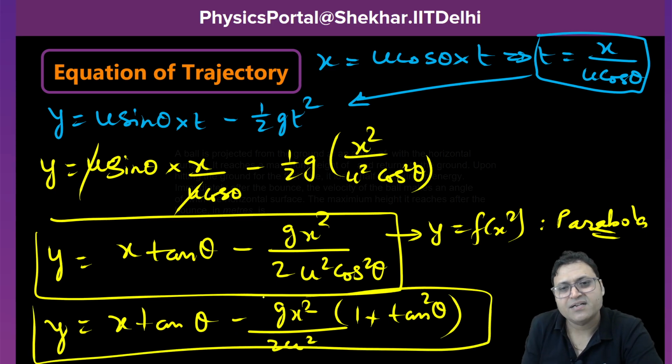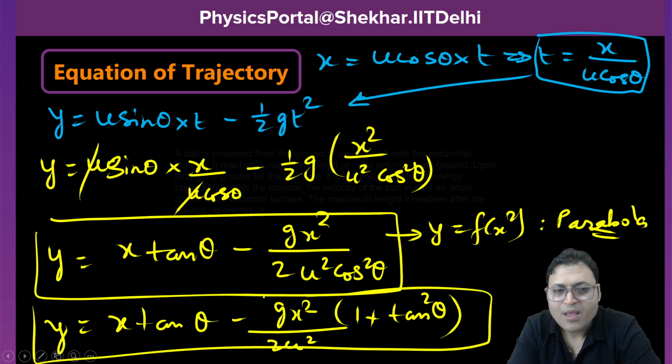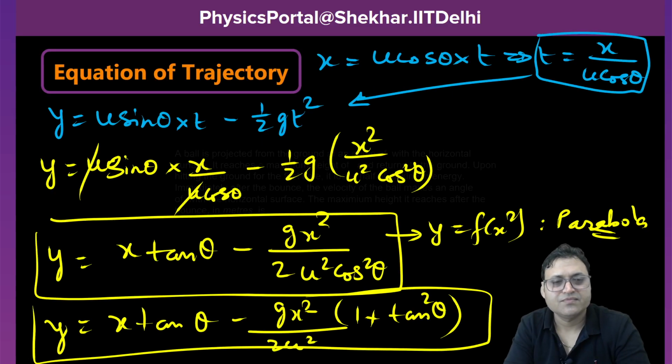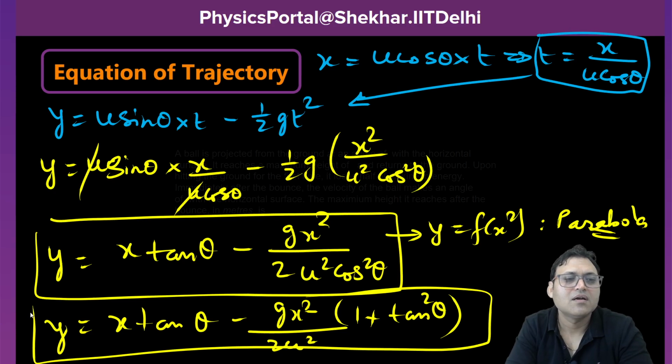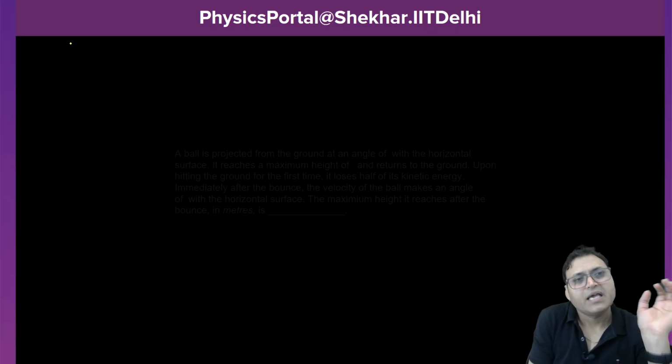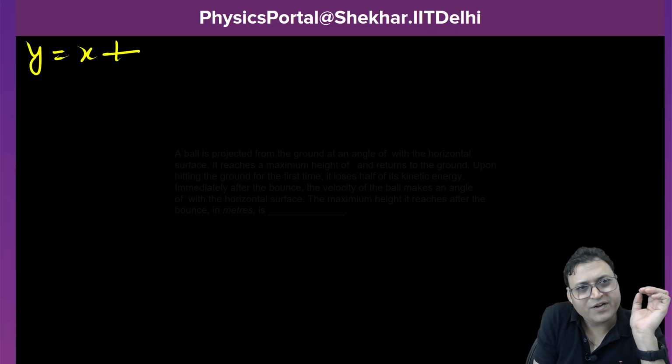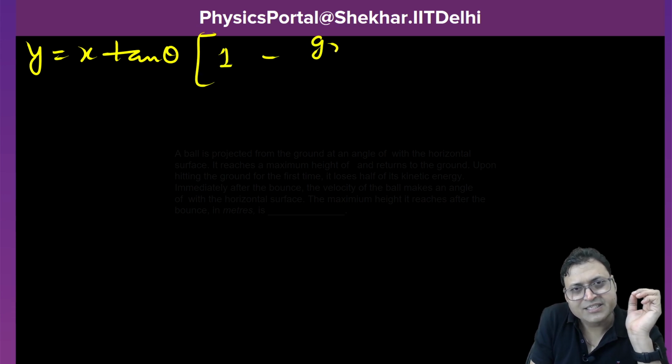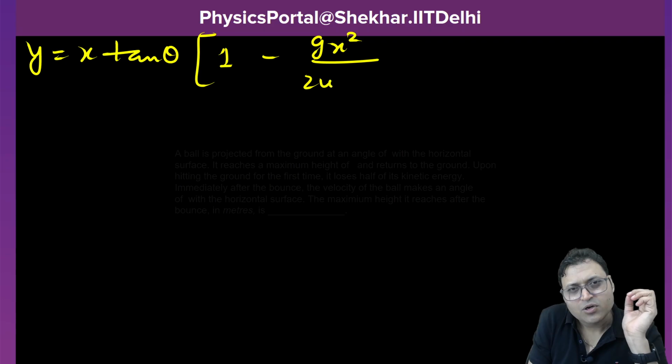This is another equation. Or if we take x tan theta common, then y is equal to x tan theta into 1 minus gx square upon 2u square cos square theta, divided by x tan theta.